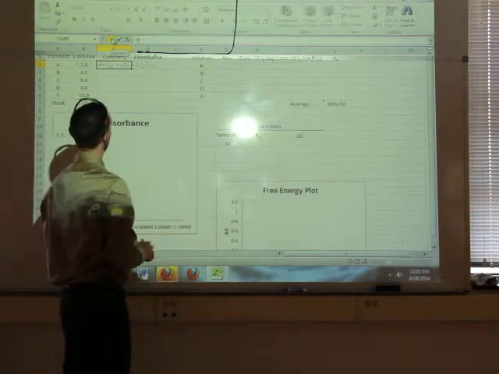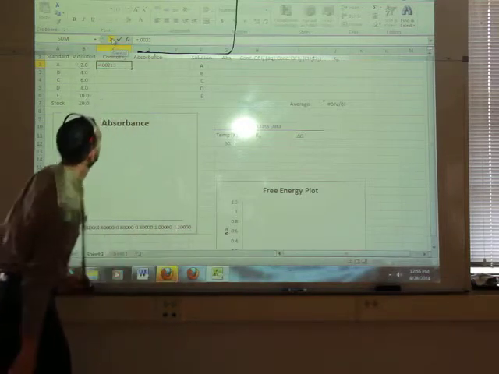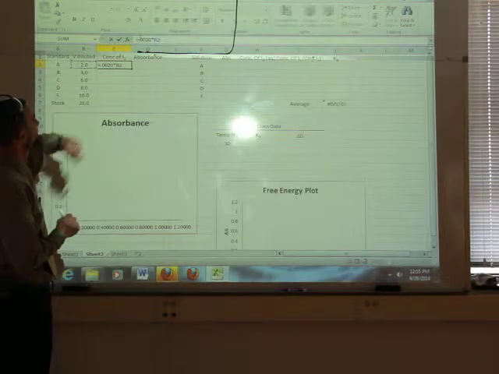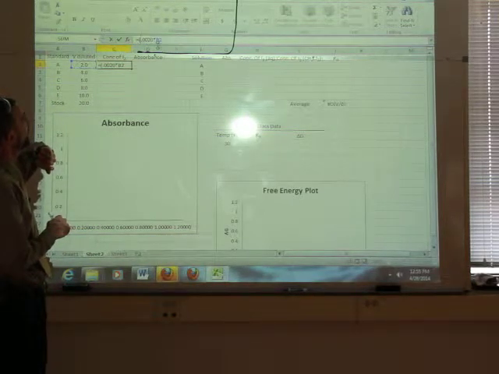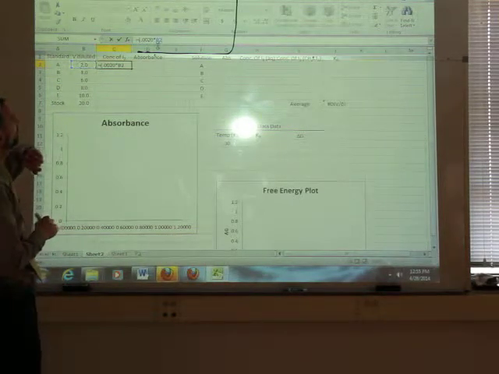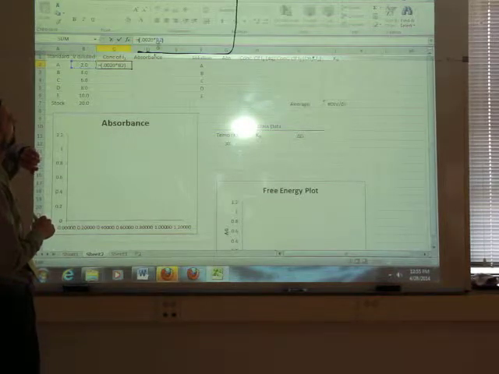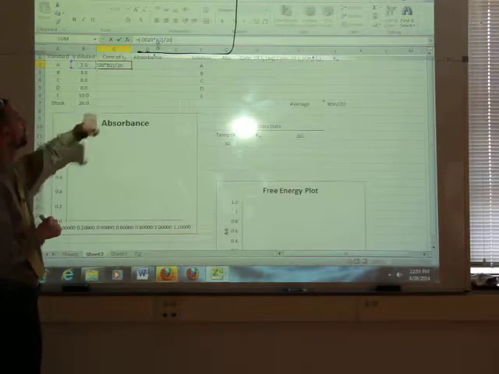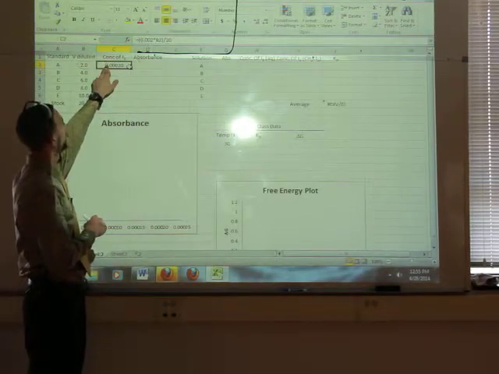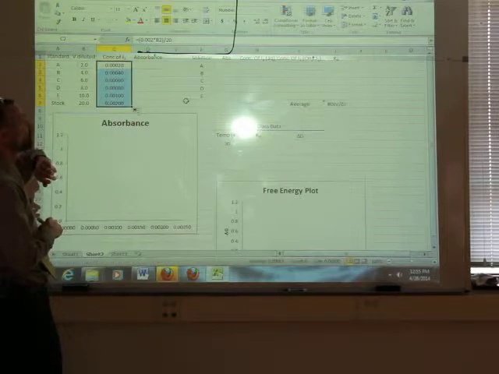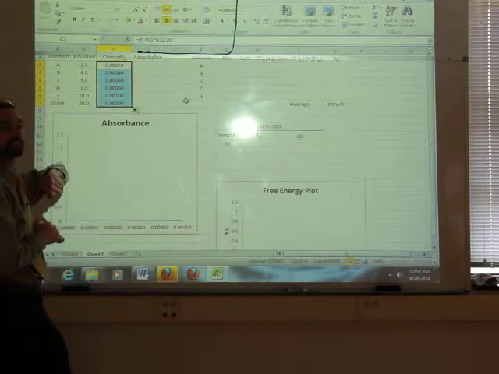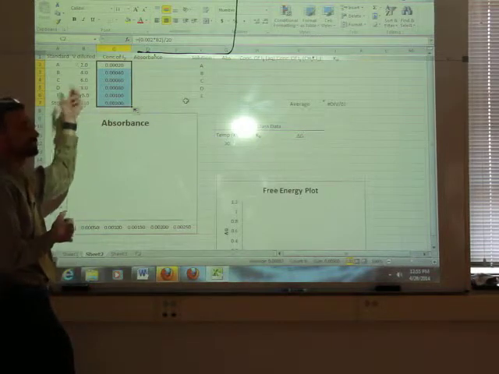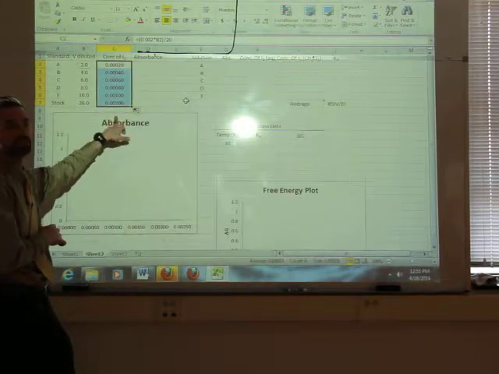As you can see, Ryan's typing that in: 0.002 times B2, and then simply divided by 20. Since this is in milliliters, I can use 20 for the milliliters. So we hit enter, and then we grab that and fill it down, and we have all of our concentrations calculated. The stock, 20 divided by 20, just stays the same, so it is the 0.02.